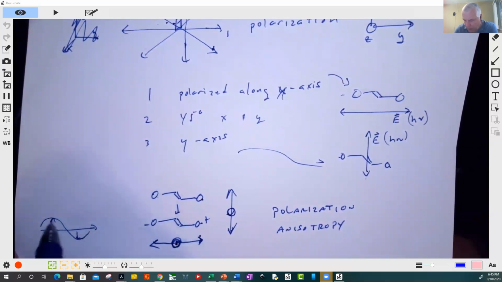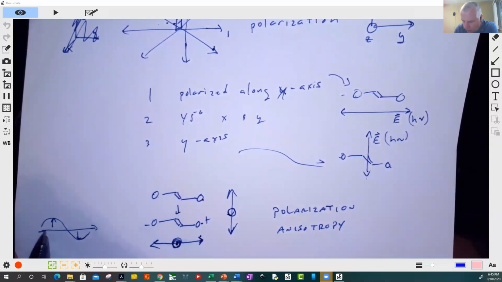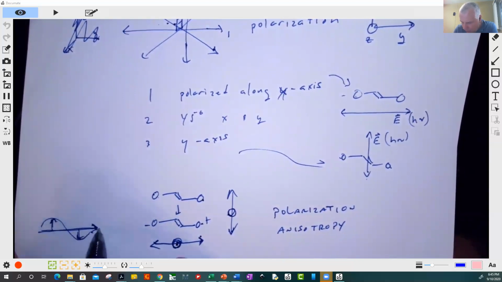And it's going up and down normal to the direction of the photon. So this is the photon direction. And the electric field is going up and then down, and then it'll go up and down again. But it'll always go up and down at right angles, normal to the direction of propagation. Does that make sense? A little.